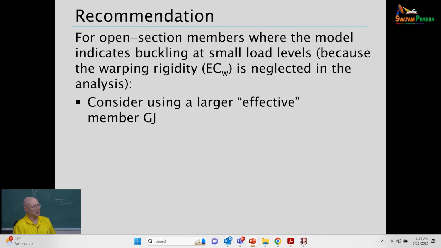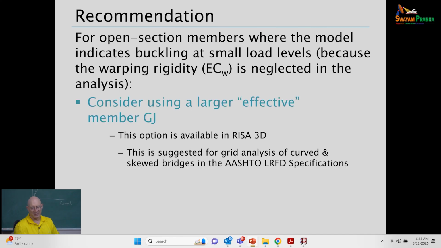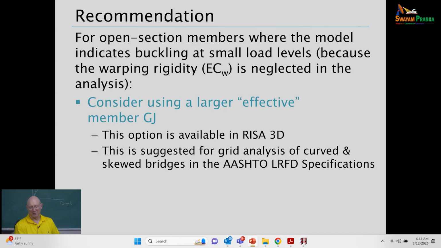Actually RISA does this, where they have an option where the program is only using a GJ, but they derive an increase in GJ that accounts for the warping stiffness. So it's kind of a backdoor representation of warping that's approximate, but it keeps things out of trouble with problems like I just showed you.